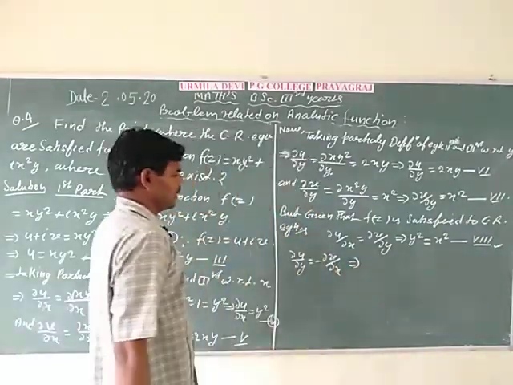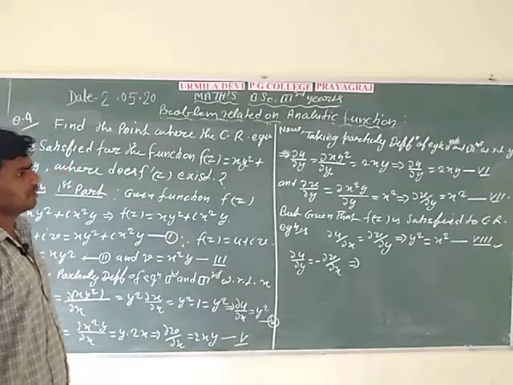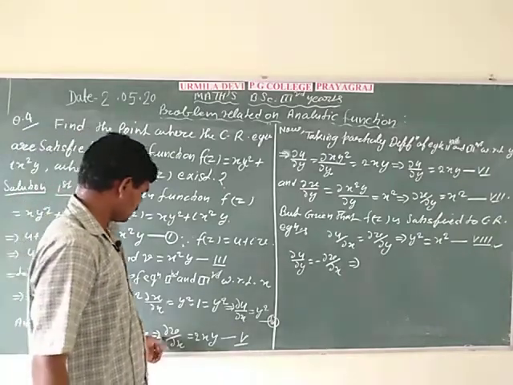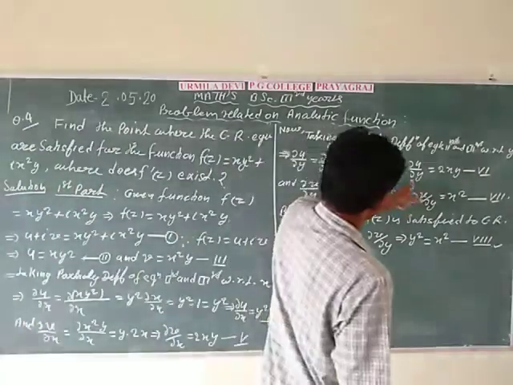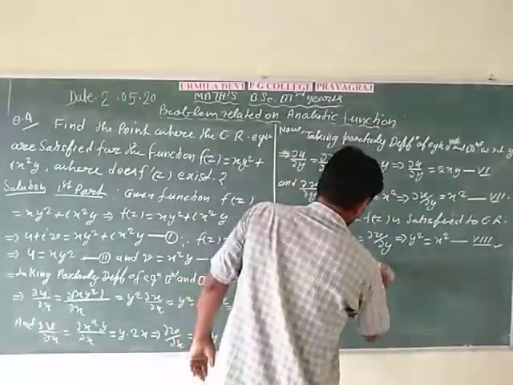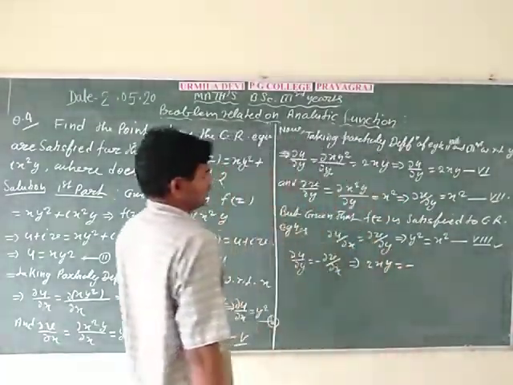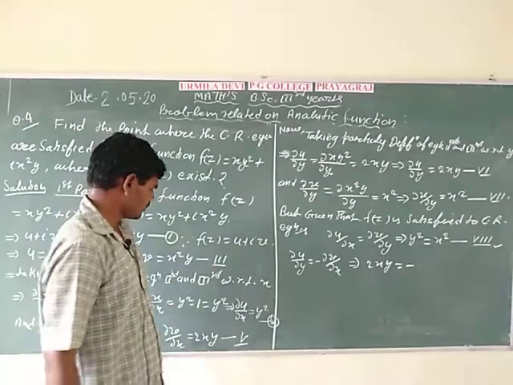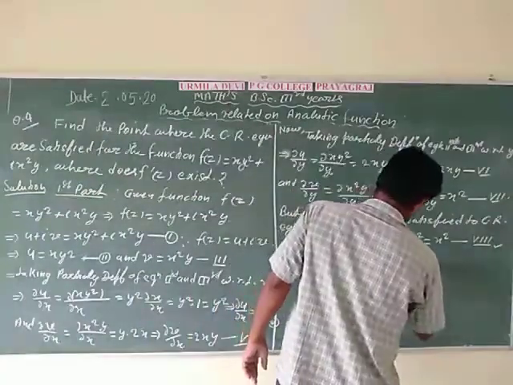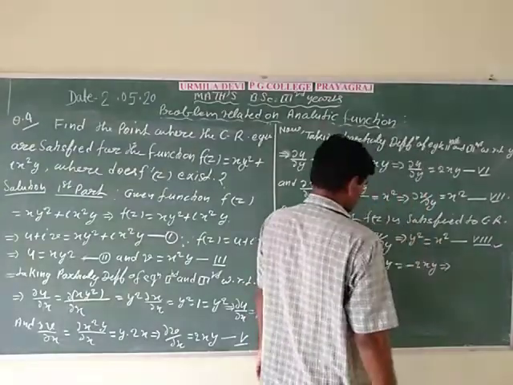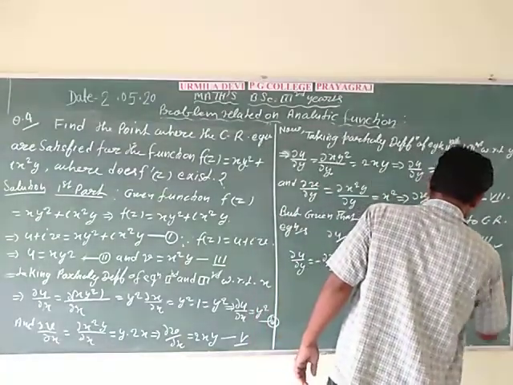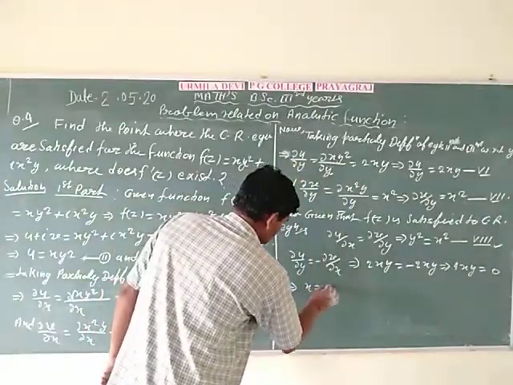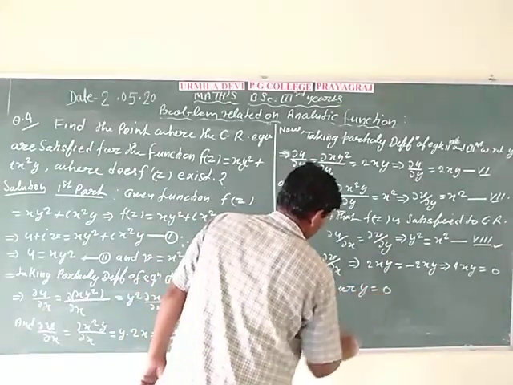Putting the values of del u by del y and del v by del x from equations 6 and 5, 2xy is equal to minus the value of del v by del x from equation 5, which is 2xy, so minus 2xy. This implies that 4xy is equal to 0. In 4xy equal to 0, it must imply that x is equal to 0 or y is equal to 0.